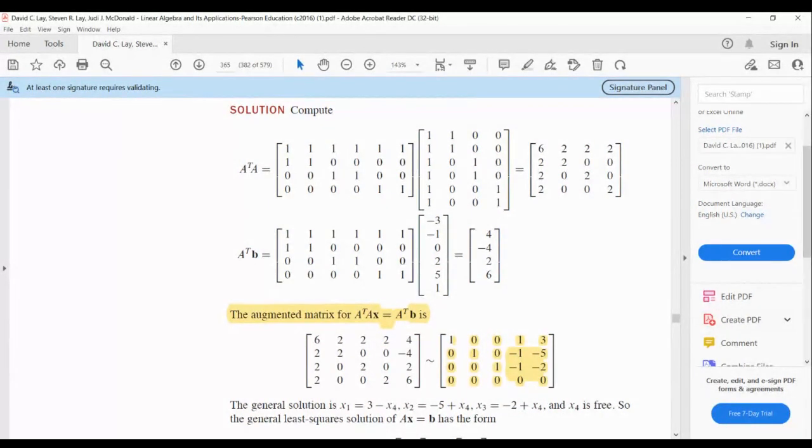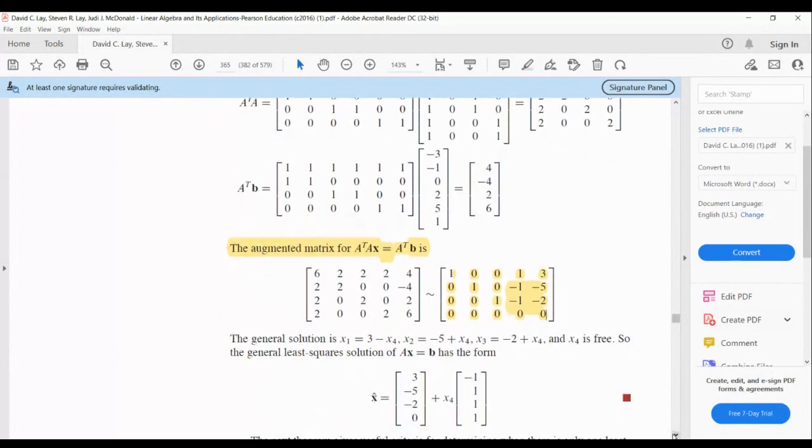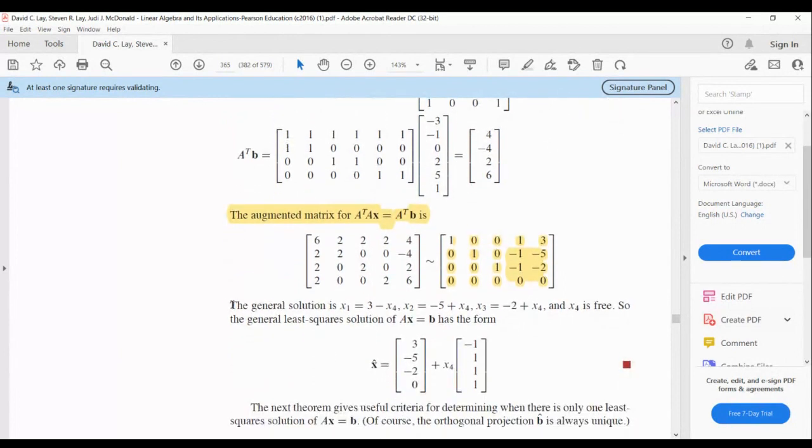So if you were to go ahead and solve this, the general least squares solution would be x1 equals 3 minus x4. So x4 is free, and then x1 is 3 minus x4. Well, let me go in reverse. x3 is negative 2 plus x4, x2 is negative 5 plus x4, and x1 is 3 minus x4. And so you have a least squares solution where you have a free variable, and so there's an infinite number of least squares solutions.